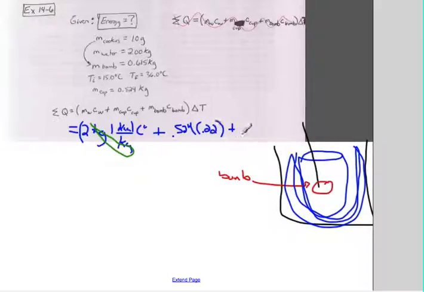Plus, we said the bomb was also aluminum, but it weighed a little different with those cookies inside, so it was 0.615. And we're going to use that same value for specific heat. Okay, so all that stuff times the change in temperature for the system, which is just going to be 36 minus 15.